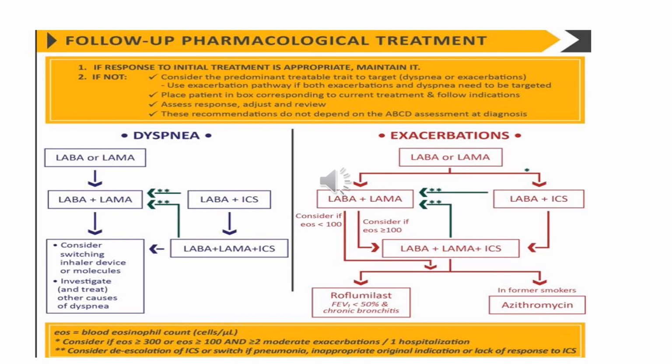When a patient has dyspnea, uncontrolled symptoms, and the patient was initially on LABA or LAMA, we do a combination therapy and we don't need to add steroids because steroids are there just for exacerbation.